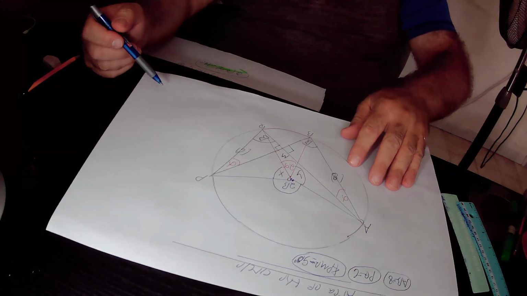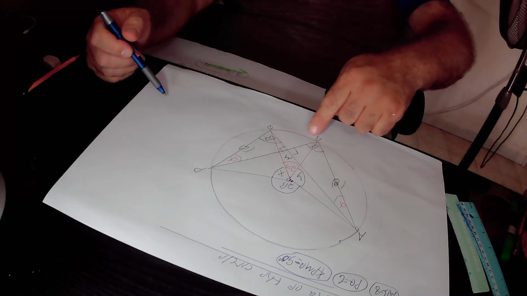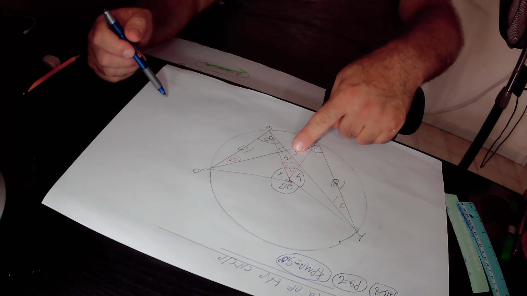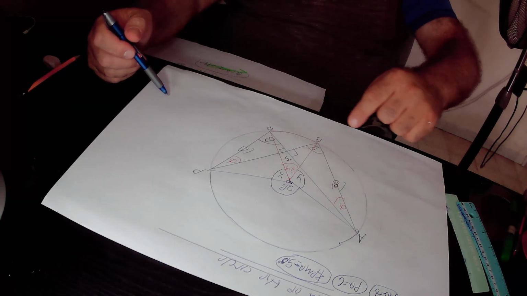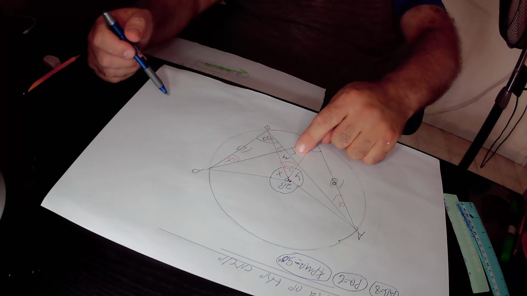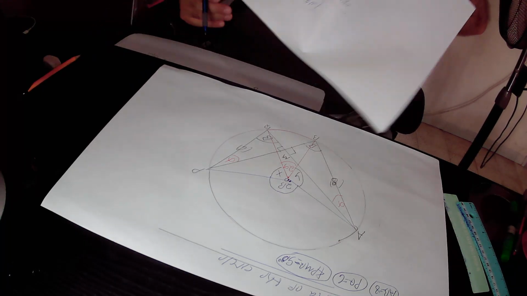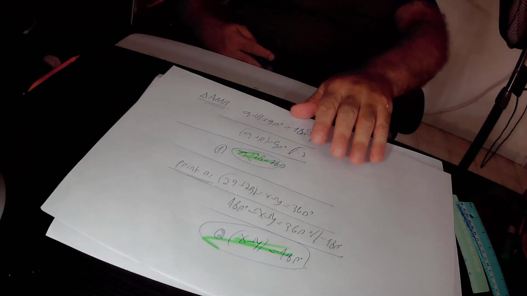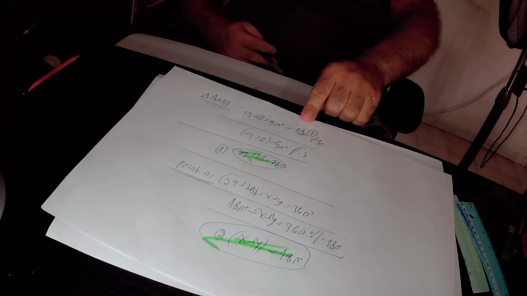This angle equals 90 degrees, and therefore triangle AOB is a right triangle. In this triangle, alpha plus beta plus 90 degrees equals 180 degrees. Again, in the right triangle AOB, alpha plus beta plus 90 degrees equals 180 degrees, according to the rule that the sum of the angles in a triangle is equal to 180 degrees.